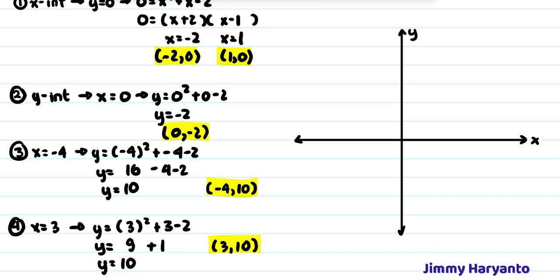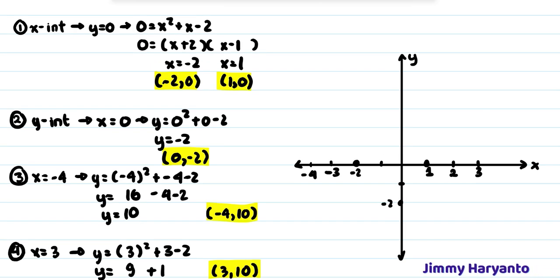Okay, so negative 2, 0, negative 1, negative 2 right here, and then 1, 0, and then negative 2 will be right here, and then oh no, we have 10. 2, 3 and negative 3 and negative 4. Okay, so let's pretend that 10 is far away up, maybe right there.